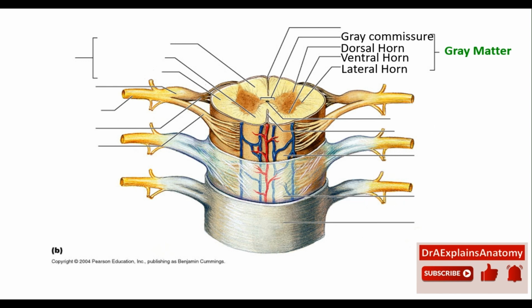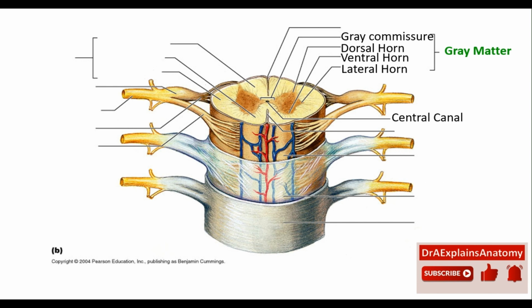Both sides of the spinal cord are connected via the gray commissure, similar to the corpus callosum that connects both cerebral hemispheres in the brain. Check out my video on the anatomy of the brain to understand its structures.